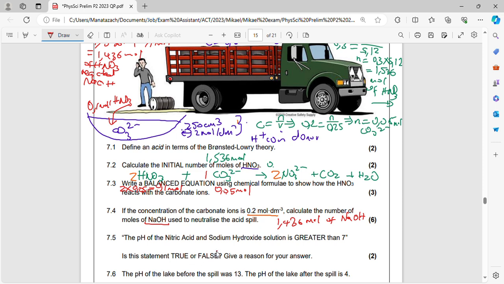The statement will have to be false, because in order for the pH to be greater than 7, that means it would be basic. Greater than 7 means basic, and less than 7 means acidic. Remember, nitric acid was in excess, so the solution is actually less than 7. It's not greater than 7, so that would be the reason.